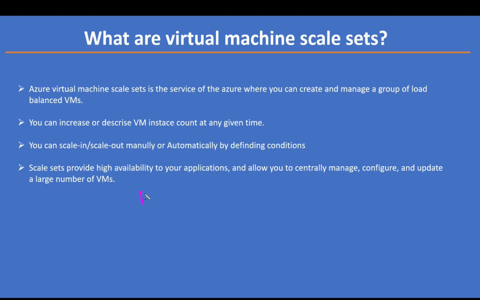Consider that you have one application that you're running on VMs. Rather than going for an individual VM, we can create a bunch of VMs that can serve your application, and we can configure all these VMs using VMSS, so that your application will spread across the VMs and be behind your load balancer.